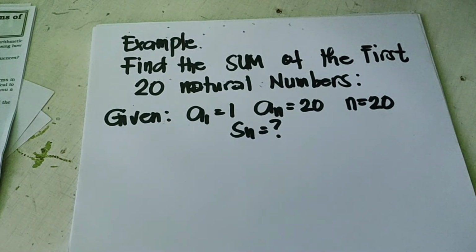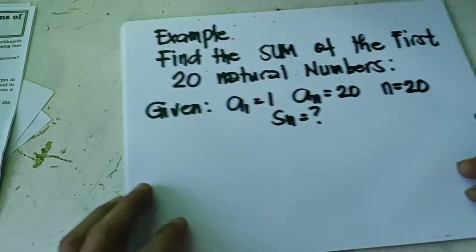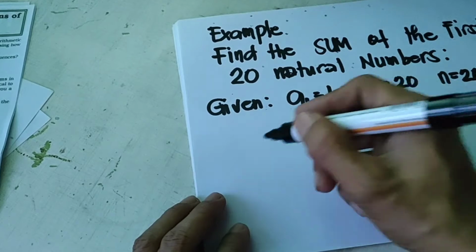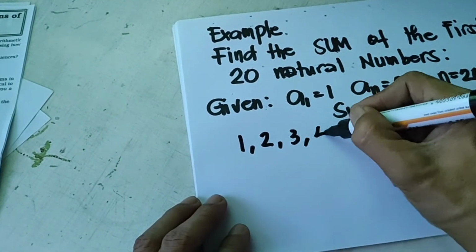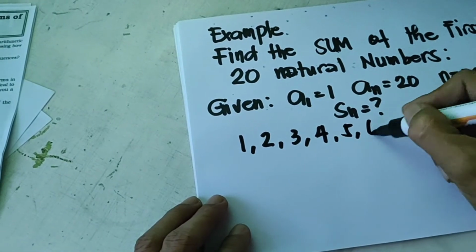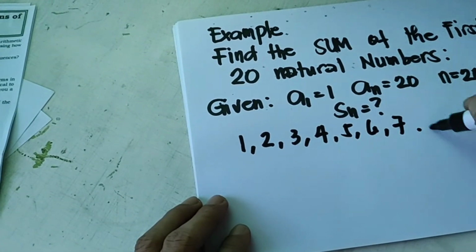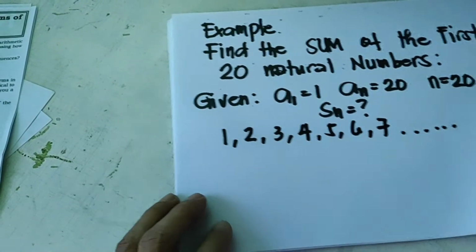So that is why we have the formula to be used, to make your solving easier for these numbers written here. Okay, for example, our a_1 starts from number 1, 2, 3, 4, 5, 6, 7, up to 20.